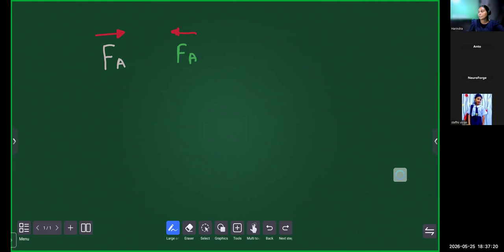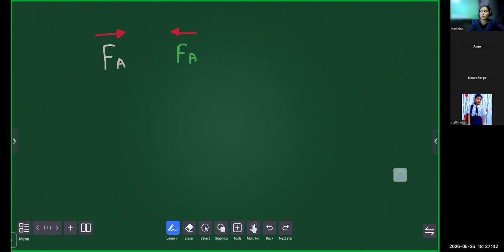That's the action. And the air tries to push the rocket upward. That's the reaction. So that is Newton's third law. Okay. So who introduced this? Sir Isaac Newton. Okay. Now let's talk about Newton's first law.